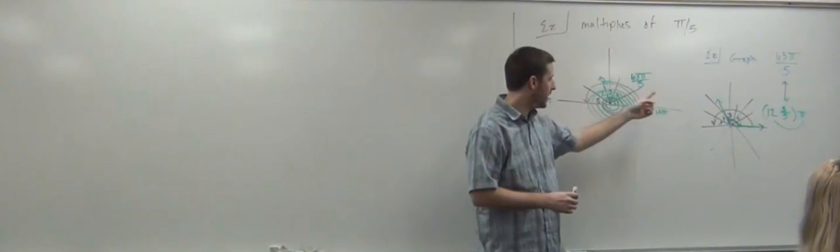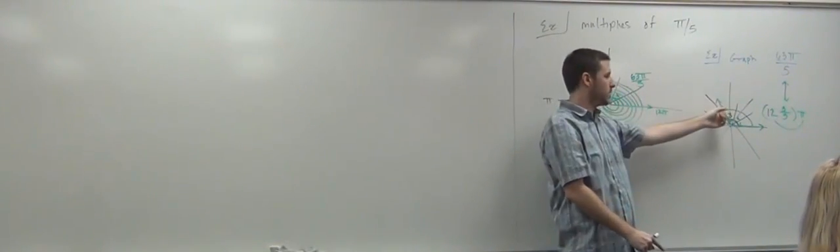So what I mean is they end at the same ray. Like that example, this ray and this ray are the same ray, right? Because they're pointing in the same direction. So two angles that end at the same ray, end at the exact same place, are coterminal.